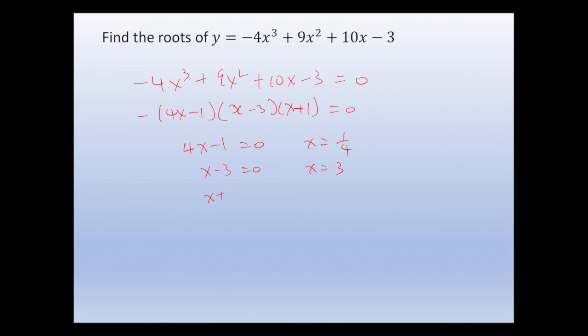Therefore, 4x minus 1 equals 0, x equals 1 over 4, x minus 3 equals 0, x equals 3, and x plus 1 equals 0, x therefore equals minus 1. Again, if you want the coordinates, it's 1/4, 0, 3, 0, and minus 1, 0.